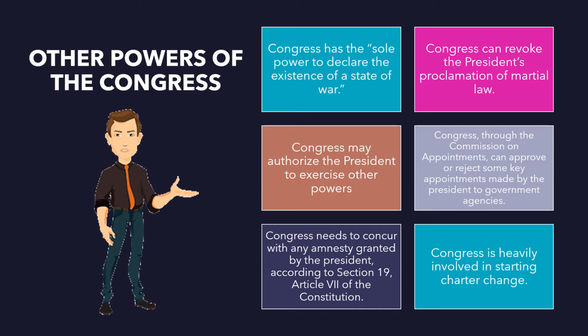Congress is heavily involved in starting charter change. It can either convene into a Constituent Assembly through a vote of 3/4 of all members and propose both amendments and revisions, or call for an election of members of a Constitutional Convention, by a vote of 2/3 of its members.